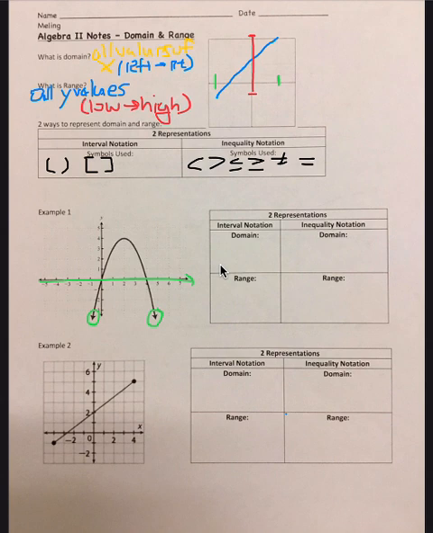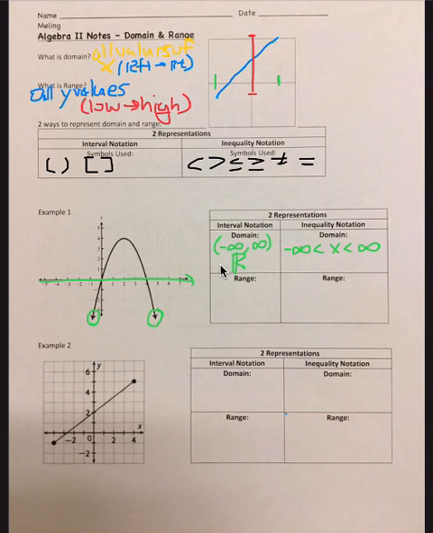So our domain would be negative infinity to positive infinity. And remember, when it goes off to infinity, it's always open. Or we could say all reals. And the symbol for all reals is an R with an extra line through it. So it's all real numbers. And then inequality notation, negative infinity is less than x is less than infinity.